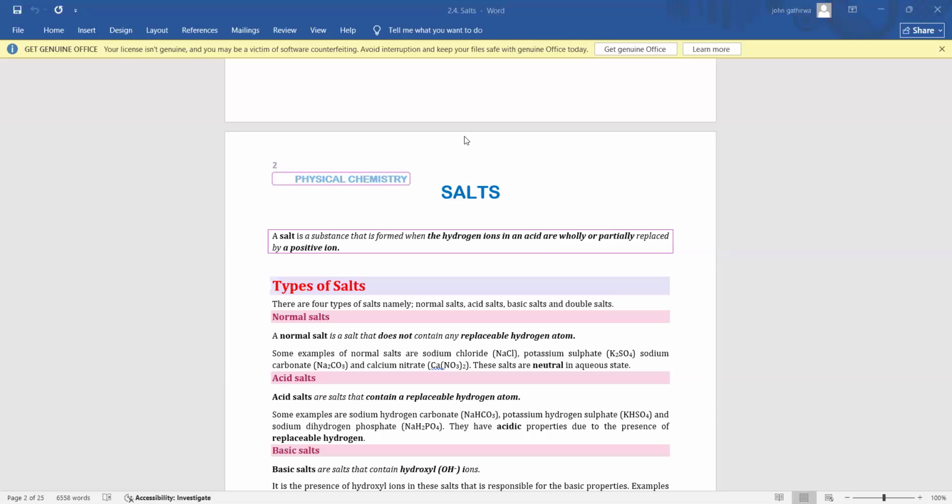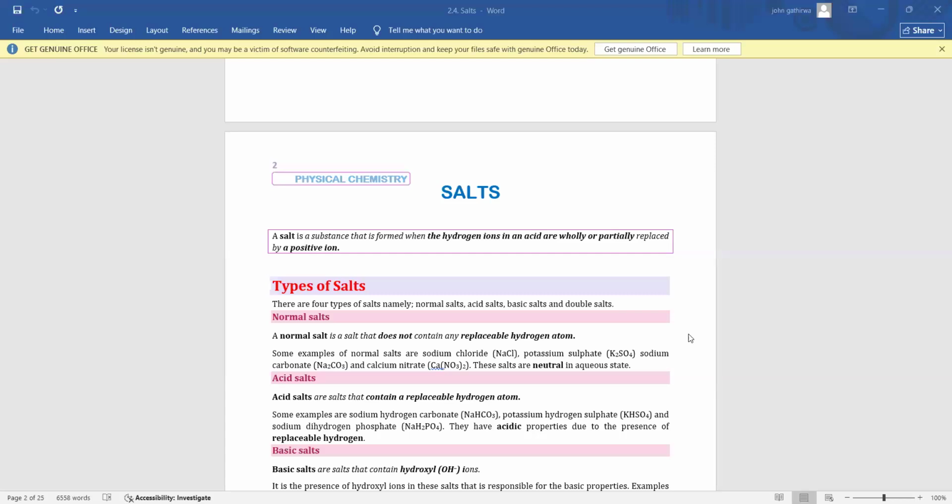Karoki, that's a good trial. But sodium hydroxide is a base. For the basic salts, we start talking of, for example, basic magnesium chloride, which has the chemical formula MgOHCl. That is an example of a basic salt.